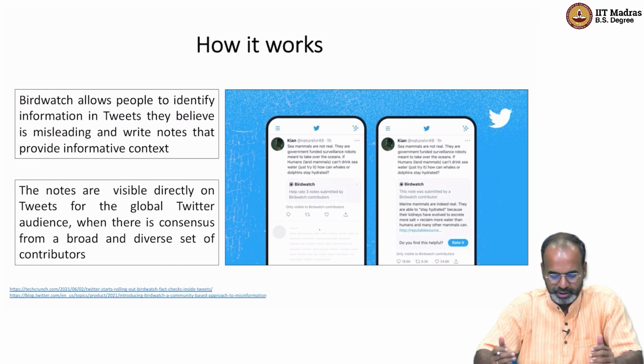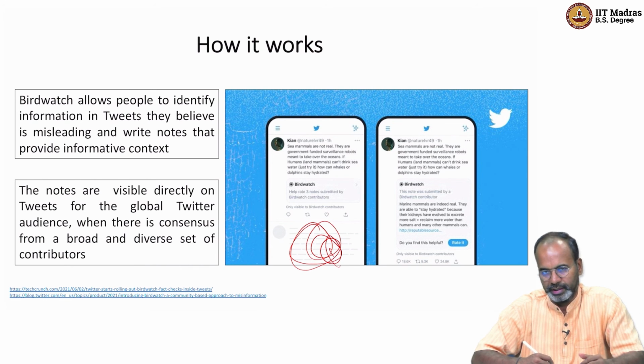That's what Birdwatch did. Birdwatch allows people to identify information in tweets they believe is misleading and write notes providing informative context. The notes are visible directly on the tweets for the global Twitter audience when there is consensus from a broad and diverse set of contributors, right? So there are notes that people write for every tweet, and that can be used to judge whether it is real or fake.